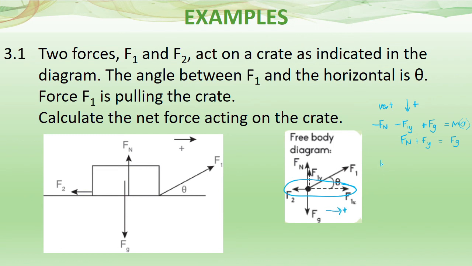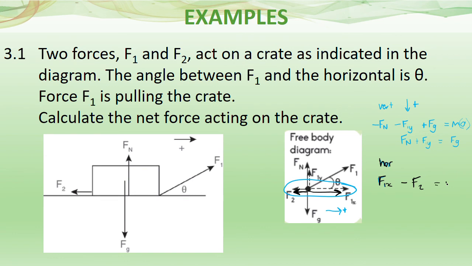Then horizontally, we'll have positive F1x, en ek kry 'n ander kleur pen. The x component of force 1 minus force 2. Want sien julle, hierdie ene is na links, so hy moet negatief wees, en daai ene is na regs, so hy moet positief wees.